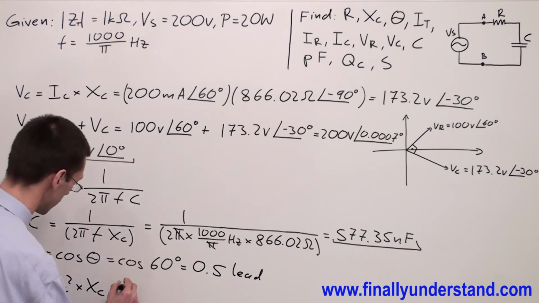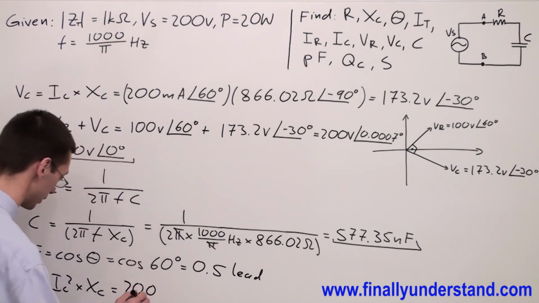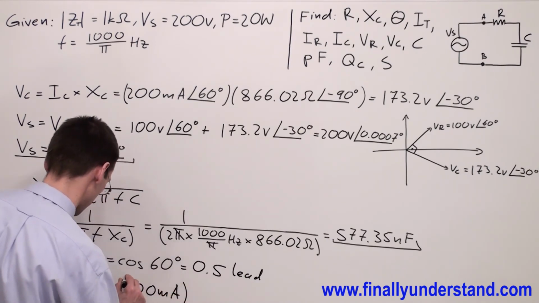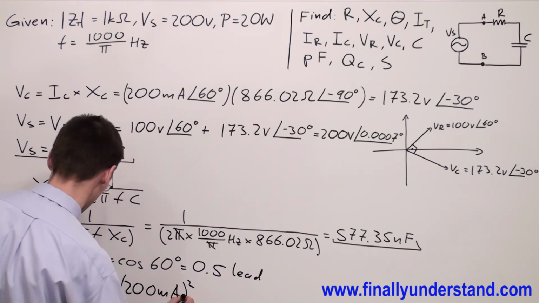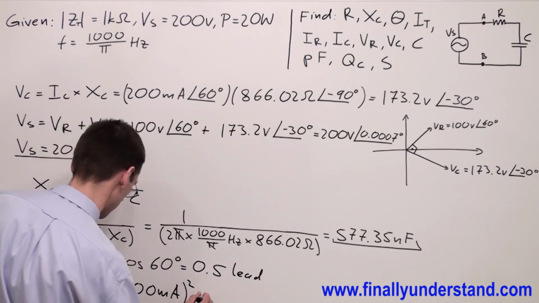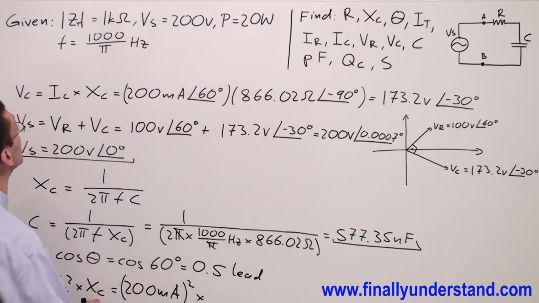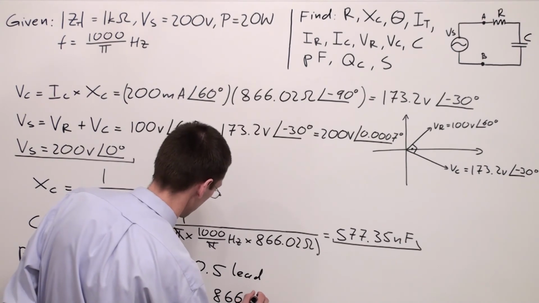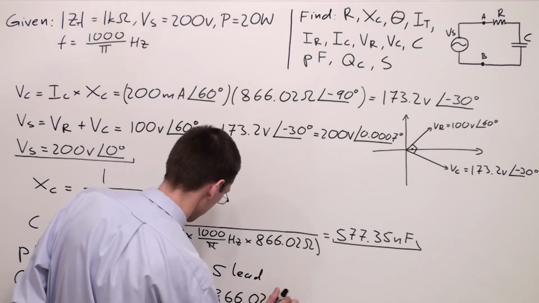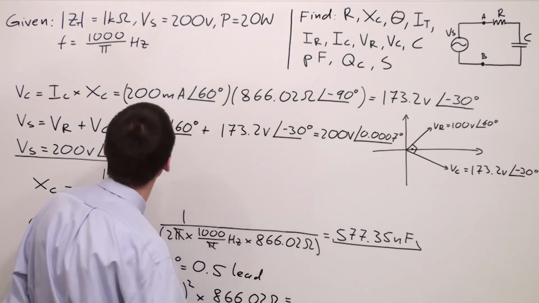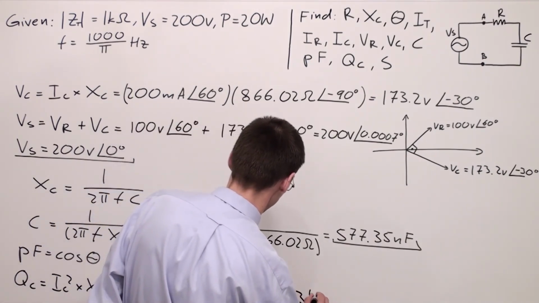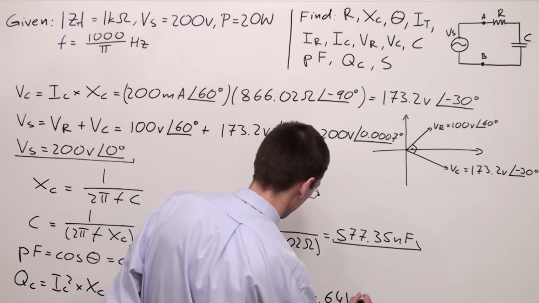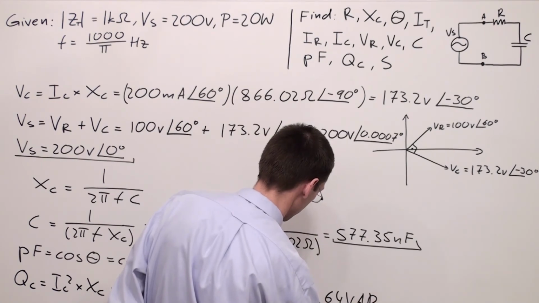So IC is equal 200 milliamps to the second power times X of C, which is equal 866.02 ohms, is equal 34.64 volt-amp reactive.